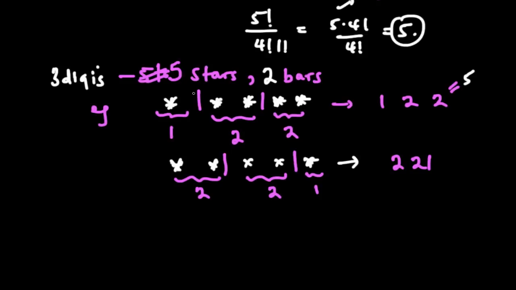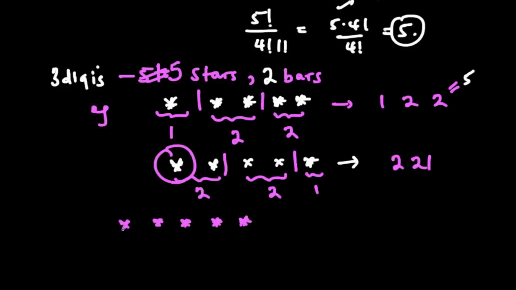Again, what you observe here is that for the 3 digits, the first position must be a star, based on the same reason that we had above. An example: you had your 5 stars, 1, 2, 3, 4, 5.